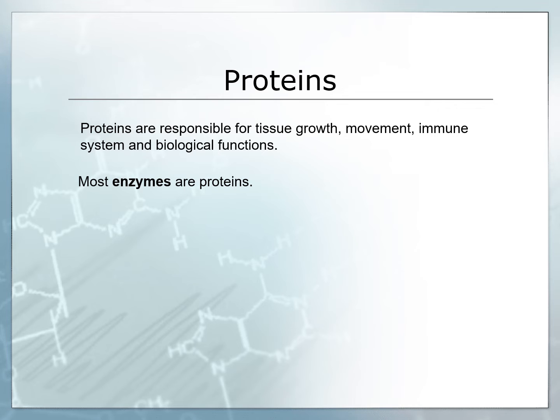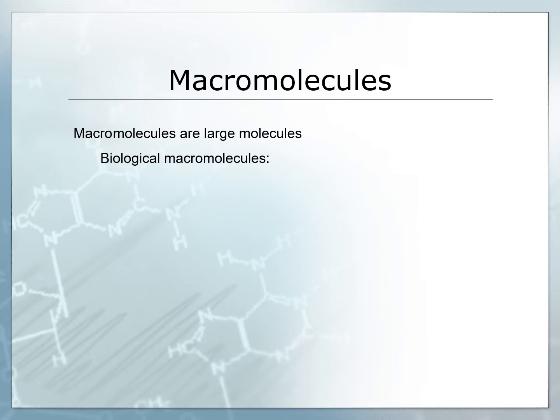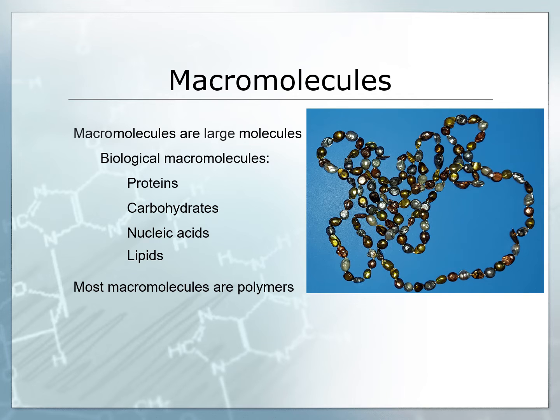Wait, let's review our macromolecules again. Macromolecules are large molecules. The prefix macro means large. Biological macromolecules fall into four categories: proteins, carbohydrates, nucleic acids, and lipids. Many biological macromolecules are polymers.